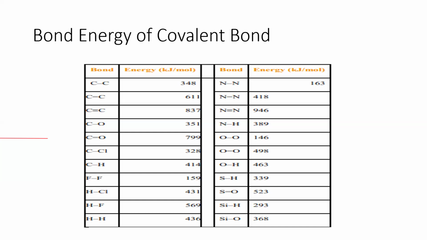So 348. And then carbon double bond is 611. Carbon triple bond is 837. Carbon and oxygen 351. And so forth. You can go down and see all of them. And these are tabulated, right? They are tabulated. But there are some other ways that we use to calculate those bond energies.